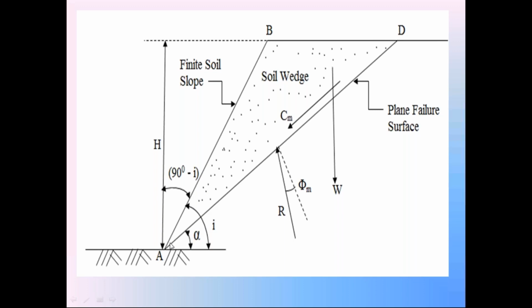Now observe this triangle ABD. In this triangle ABD, one side is AB. Just now we calculated the length: the length of AB is h divided by sin i. Then this angle is i minus alpha. Since we know this length AB and this angle i minus alpha, we can calculate the area of this triangle ABD.